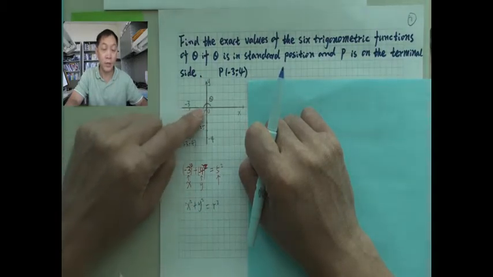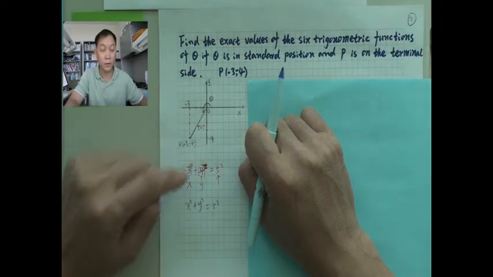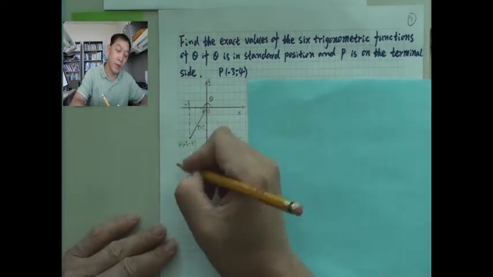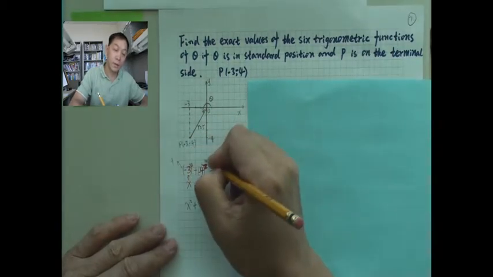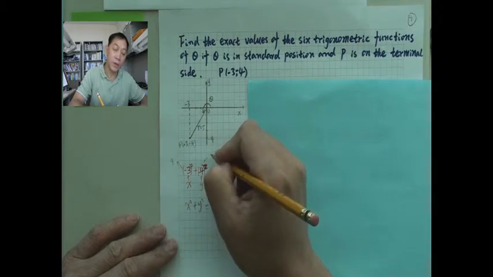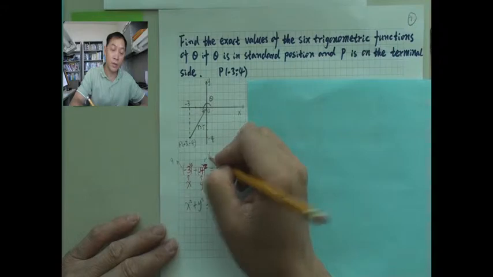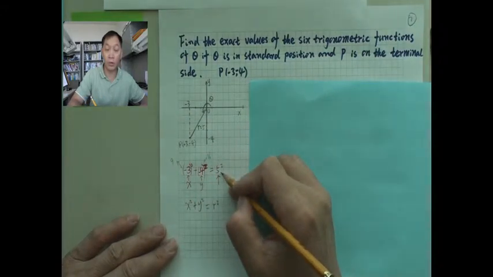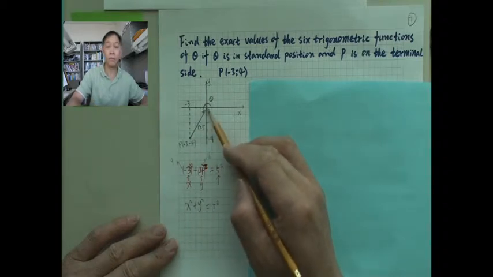So -3 squared plus -4 squared together is how many? -3 squared is 9. -4 squared is 16. 9 and 16 together is 25. So that's 5 squared. So this side has to be 5.